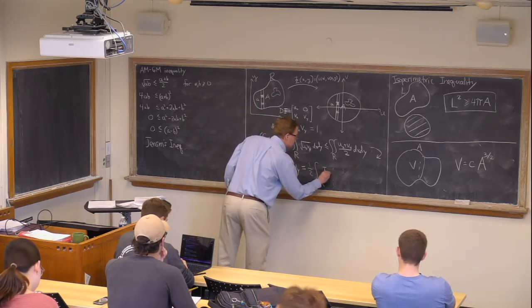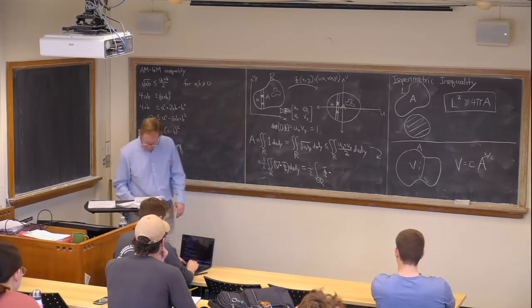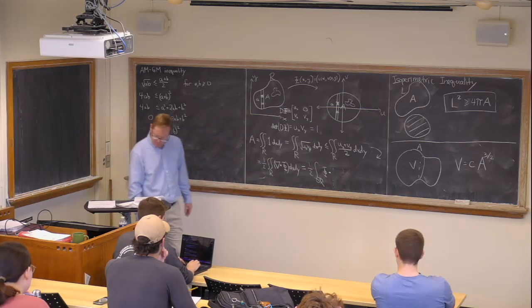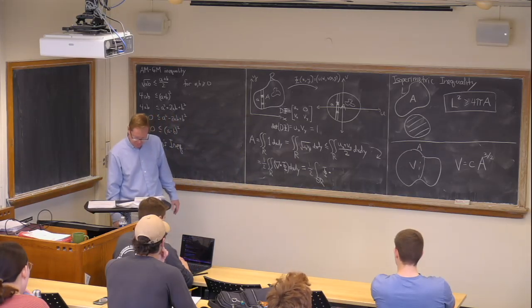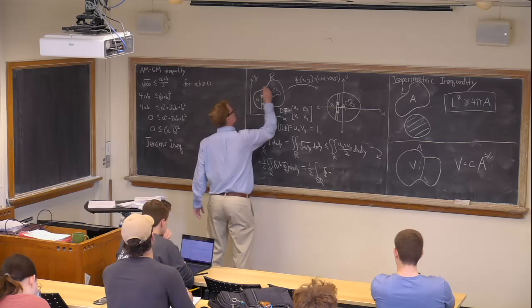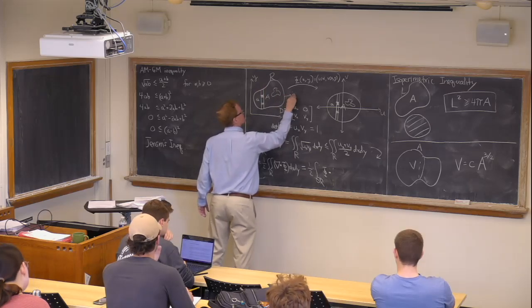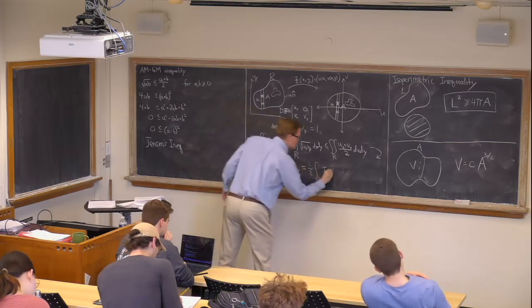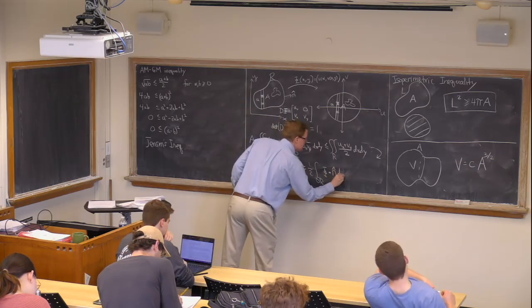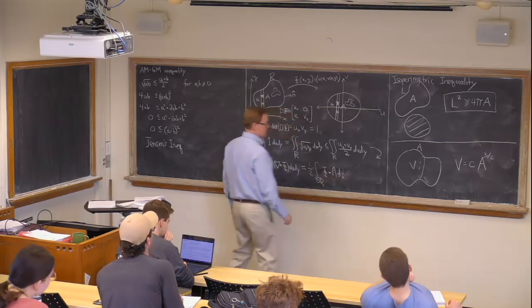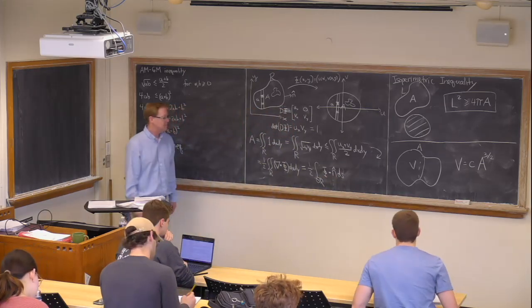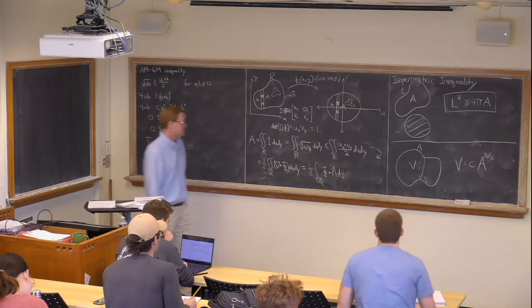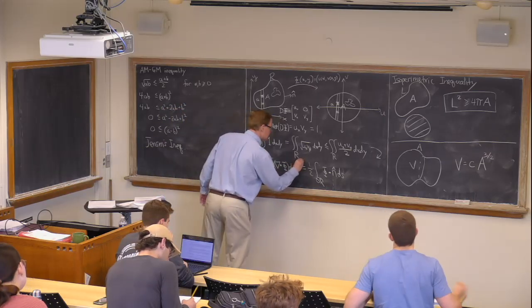So it would be phi dot product n hat ds, where we have to look at normal vectors here. We'll call this n hat, and then ds is the thing you integrate to get length. That's the divergence theorem. Divergence theorem right here.